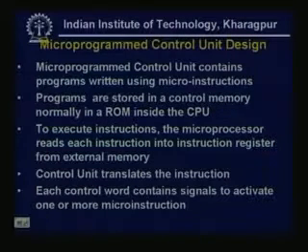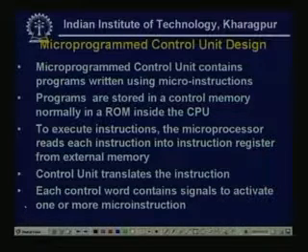Now, a microprogrammed control unit contains programs, and this program is nothing but a set of micro instructions. Programs are stored in a control memory, normally in a ROM inside the CPU. Now, to execute instructions, the microprocessor first fetches each instruction into the instruction register from external memory.